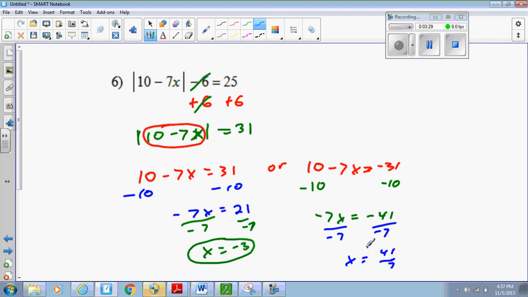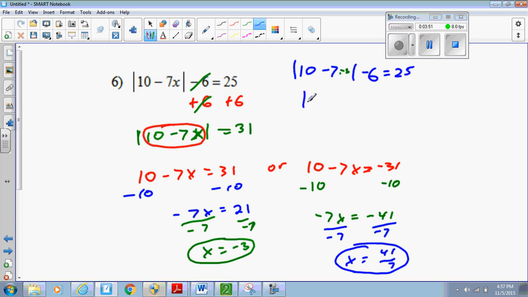Now both of these should work, but we've got to check to make sure they work. When I plug negative 3 in here, I get the absolute value of 10 minus 7 times negative 3, minus 6 equals 25.